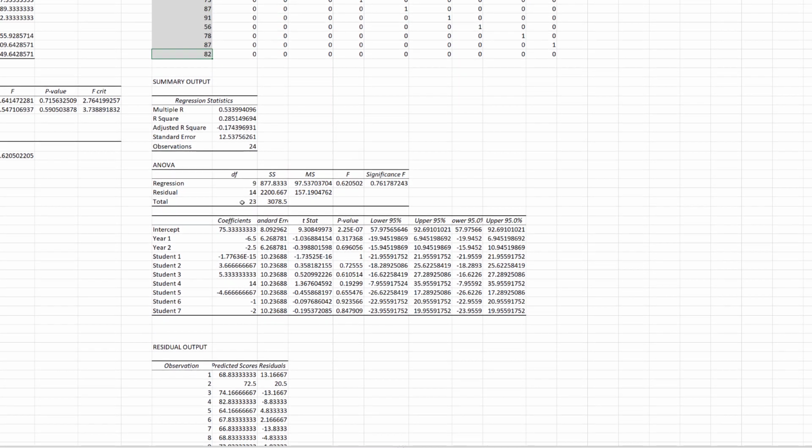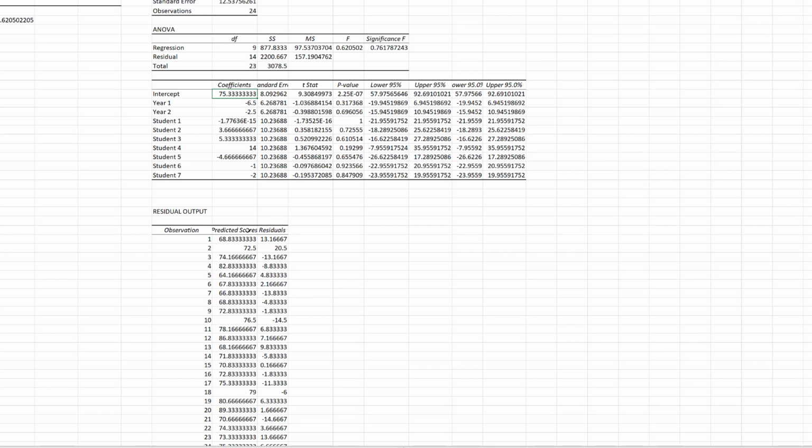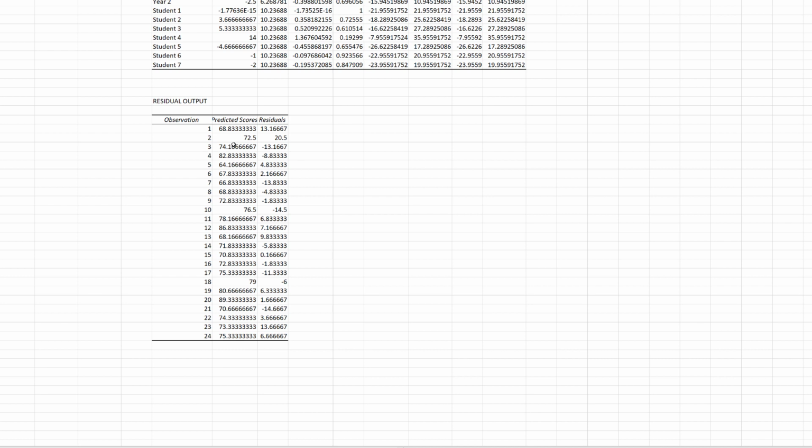However, if we go down to our coefficients in the regression table and we put a 0 with all these coefficients down here, we'd end up with a predicted score of 75.33. Well, if we go down to our residual output, we will see that this predicted score of 75.33 had a residual, or an error, of 6.67.